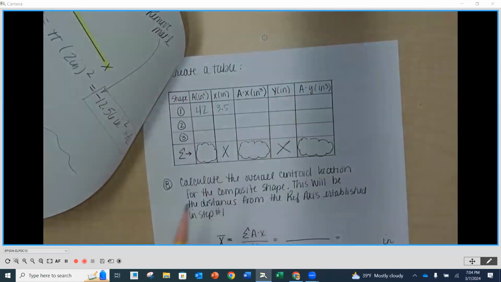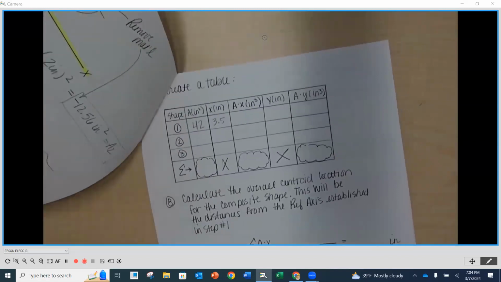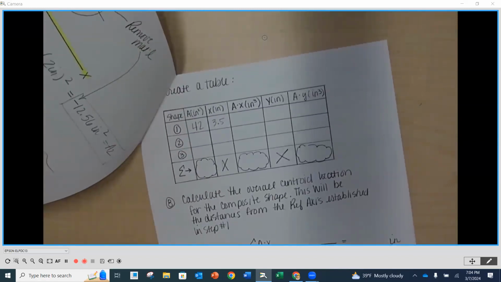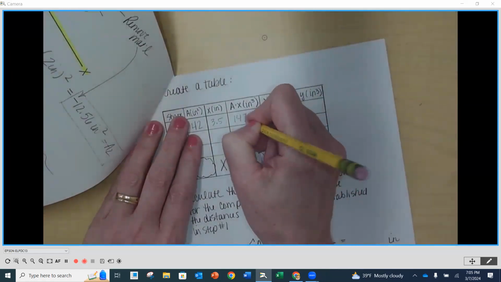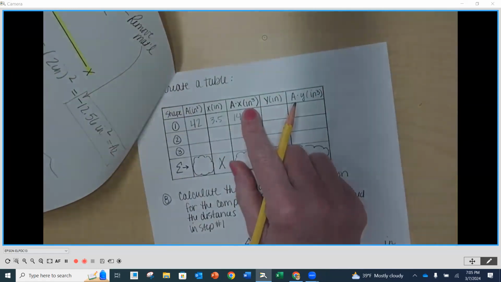Now I'm going to multiply my X1 times my A1. So I take 42 times 3.5 and I get 147 inches cubed at the top.